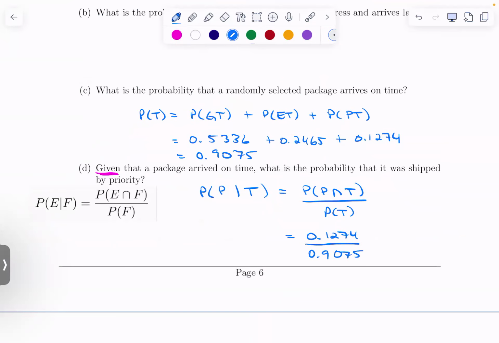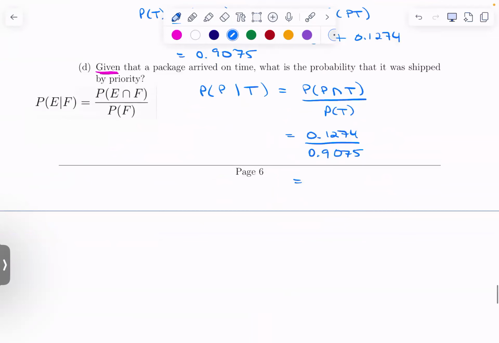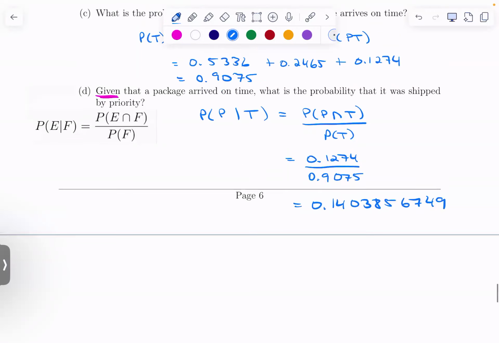We get 0.1274 divided by that. I get 0.1403856749.